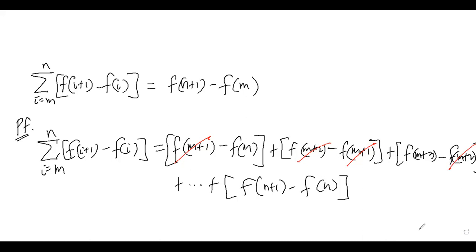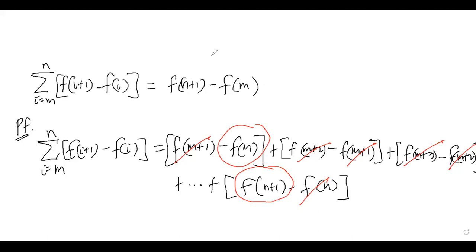As you observe, the first term, last term, first term, last term will be canceled out by the next term. The only terms that will not be canceled out are the first and the last, because this one is canceled out by the previous term.